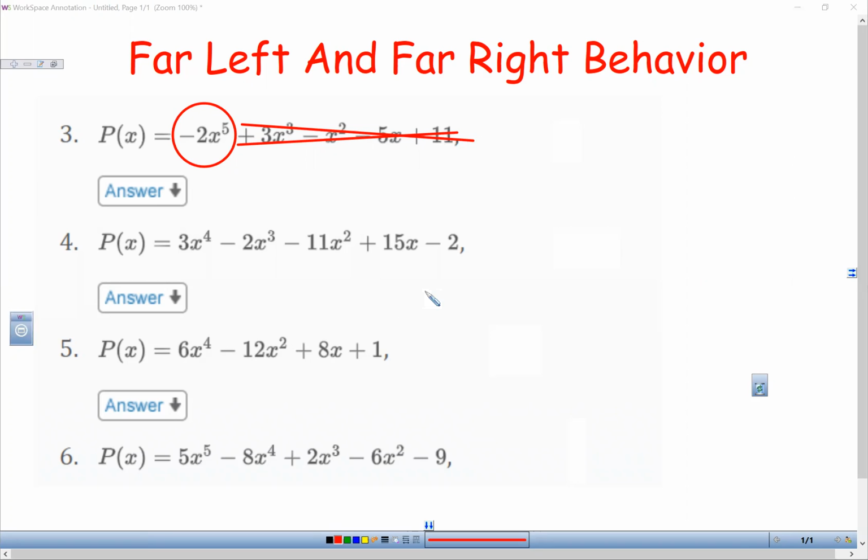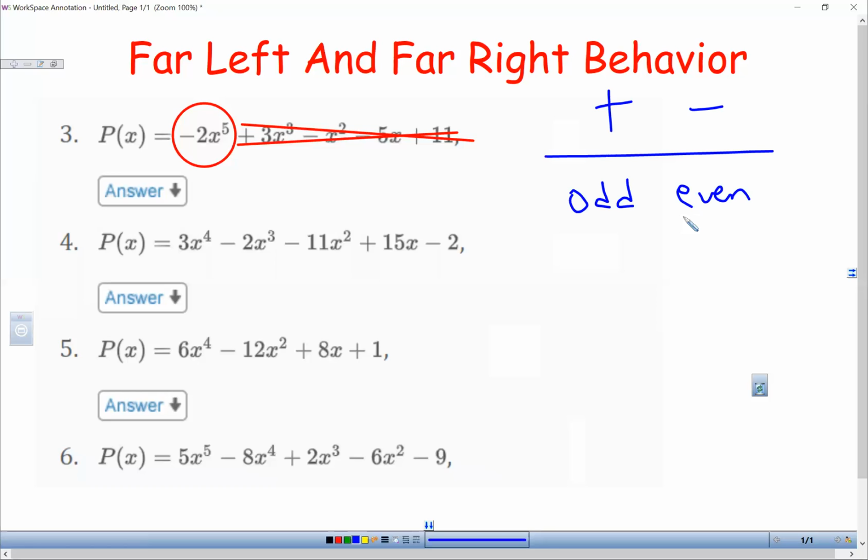So we're looking for two things. Is the term positive or negative? And then, is the exponent odd or even? So there's 4 different patterns. There's positive and odd, positive and even, negative and odd, or negative and even. And those determine what happens on the far left and right side.